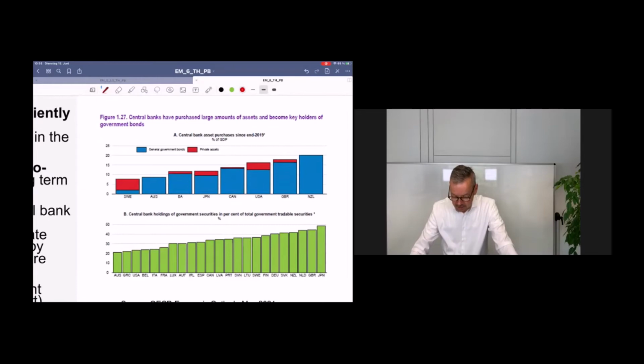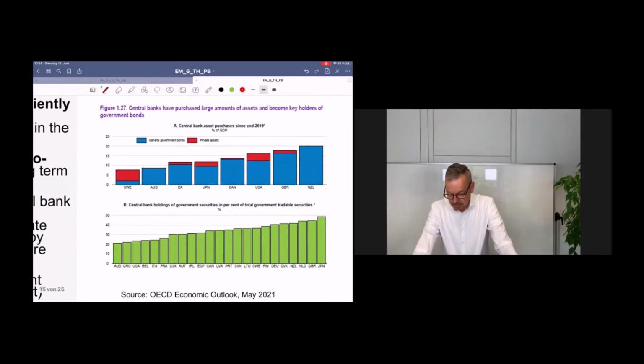This is a relatively recent chart by the OECD Outlook May 21, and these are really sizable amounts. So we can see almost all countries, the asset purchases of the central banks reached double-digit figures, especially in the Anglo-Saxon countries, New Zealand, UK, United States, Canada, Japan, but also in the euro area. So this is really something unprecedented, that the central banks were purchasing such huge amounts of government bonds.